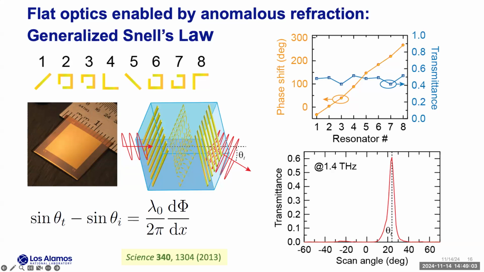So what we have here are a number of different resonators, each producing pi/4 phase shift. If you put 8 of them in a row, you get a 2 pi phase shift.